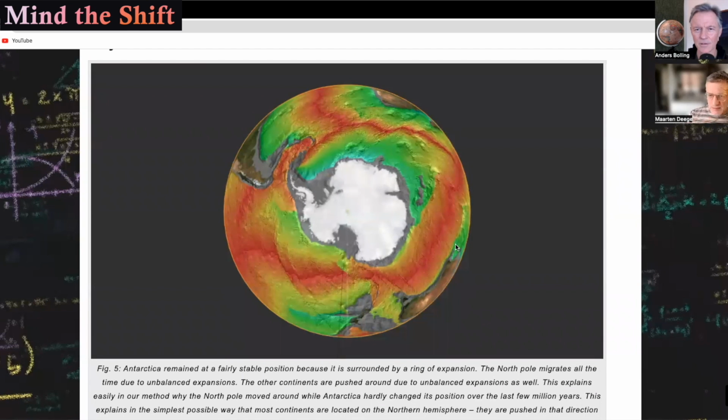Yes, this exactly confirms that Antarctica stays in its place, because you see this expansion ring fully around Antarctica, and this green and red and a little bit yellow. So when expansion is correct, it was somehow moved and pushed from the South Pole.